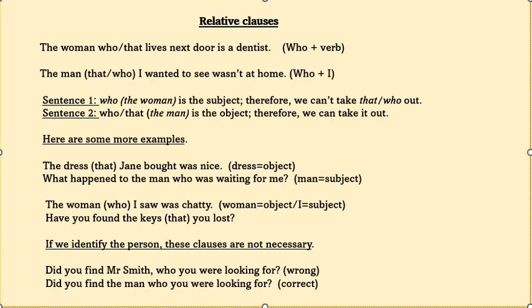So here are some more examples. The dress that Jane bought was nice. Or the dress Jane bought. What happened to the man who was waiting for me? Man, subject.